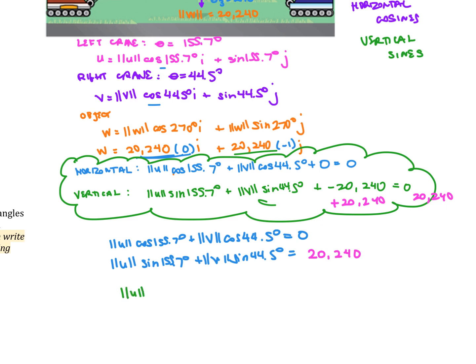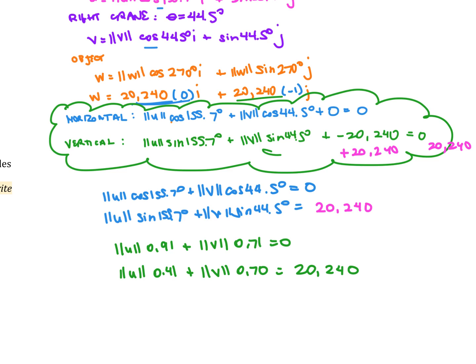If you plug it in your calculator, cosine of 155.7 degrees is 0.91, and cosine of 44.5 is 0.71, equals 0. And then we do the same for the bottom equation. Sine of 155.7 is 0.41, and sine of 44.5 degrees is 0.70, and that equals 20,240.